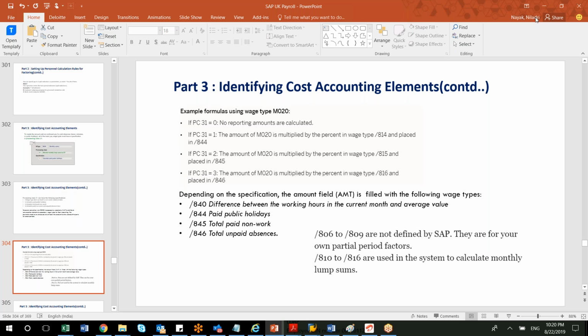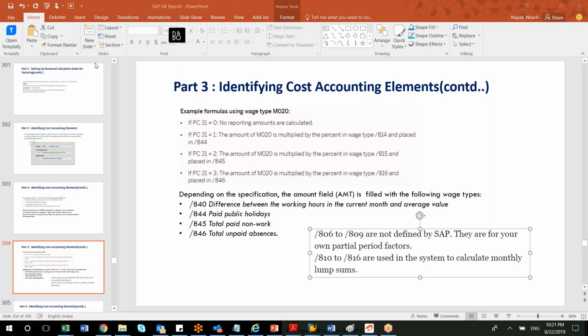There will be 16 different types of period factor generated by SAP, starting from /801, /802, /803 up to /816. These are the different secondary wage types, which will be auto-generated by the system during your factoring calculation.